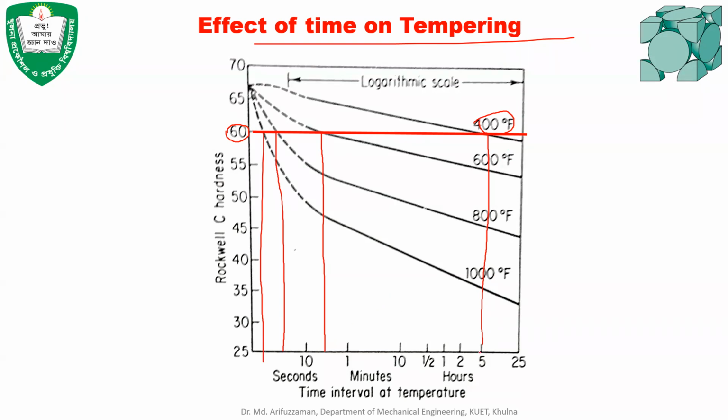If you keep it a longer time at 400 degrees Fahrenheit, then you will obtain a hardness of 60. That's how it works. If the temperature is low, you have to keep it longer. If the temperature is high, then you have to keep it for a small time. You'll obtain the same hardness numbers. Okay, any question?